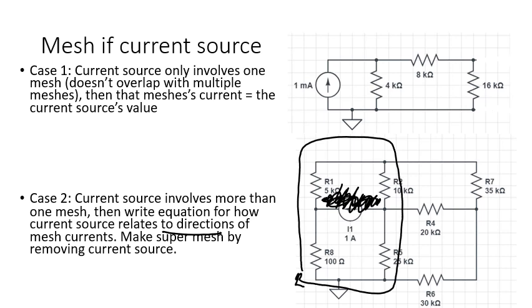It basically gets rid of that whole branch as if that whole branch isn't here. So I'm actually going to draw that in white so it looks like I've erased it instead of black. Okay, so now nothing's there. Even if there was a resistor in series with that current source, it will go away. It removes that current source from it. Now I'm going to do my whole big loop of this super mesh.